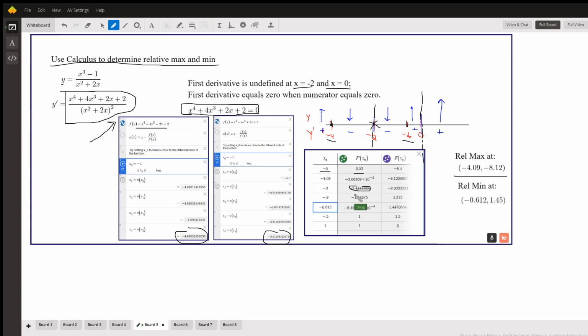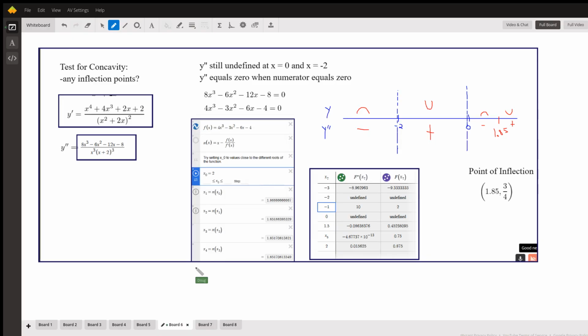So the original function is decreasing, and to the right of -0.6, at -0.5, the first derivative is positive, so the original function is increasing. So we do go from decreasing to increasing, and we have a relative minimum in here. And these are approximate values for the y values at the relative max and min.